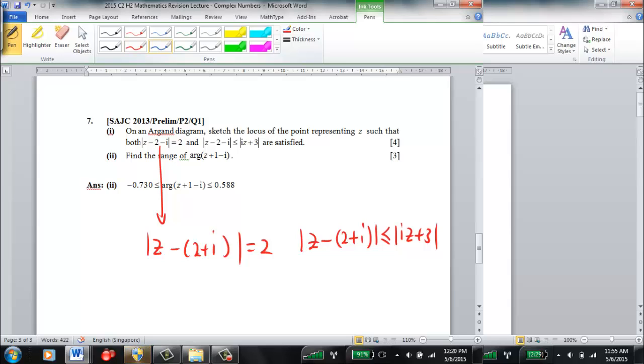So how do I deal with that? |iz plus 3| is equal to the mod of (iz plus 3) over i. Mod i is 1, correct? The length of i is 1, so it disappears. I multiply top and bottom of 3 over i by its conjugate, and it will give me z minus 3i. Is it correct? Yep.